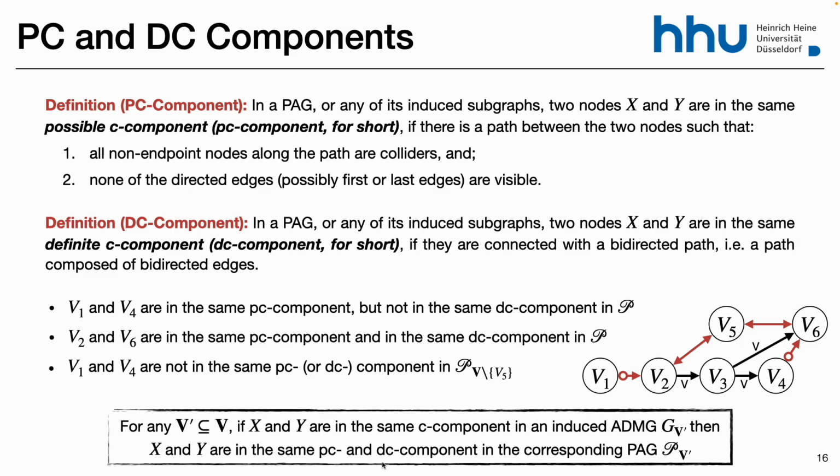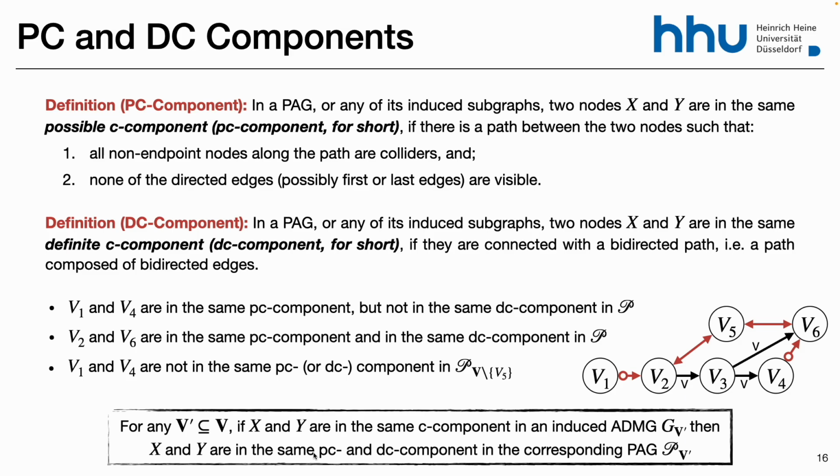Why DC? If it's in the DC component in a PEG, it's because all the causal diagrams have the variables in a C component in every graph in the class, because this is an invariance.